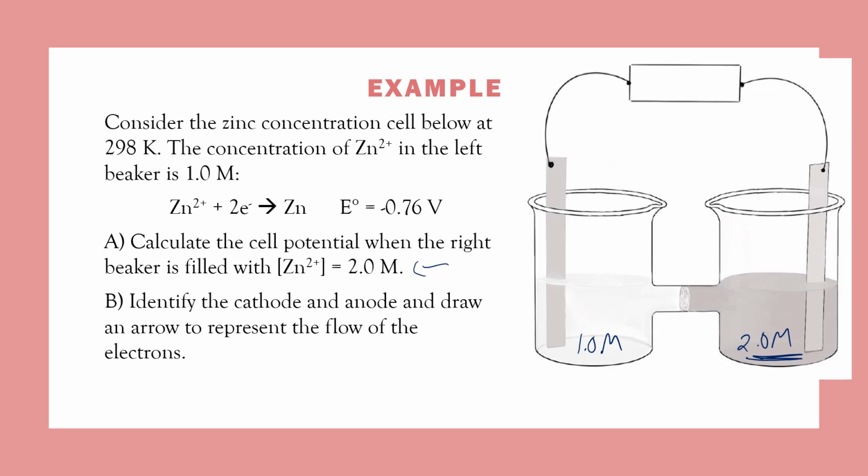So we must be going from the zinc 2+ ions to solid zinc in order to decrease the concentration. This one has a smaller concentration, so we must be increasing its concentration in order to reach equilibrium. So it will look like this.